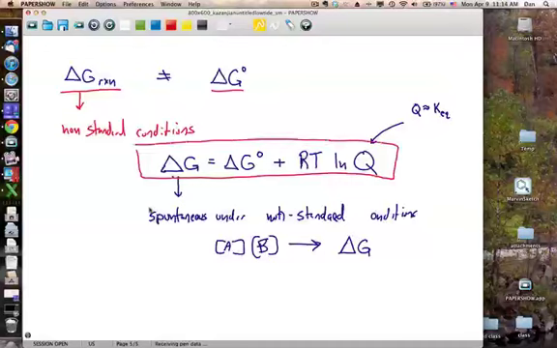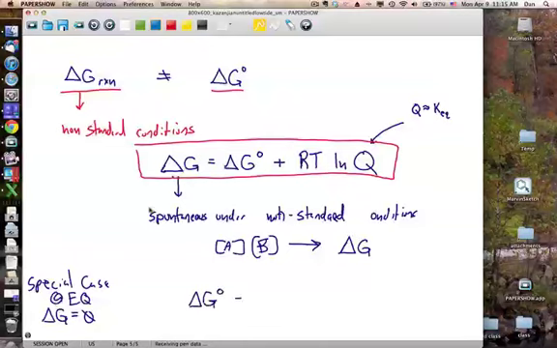Additionally, we can also rely on the special case. That is, at equilibrium, delta G of a reaction is equal to 0. Delta G is equal to 0, not delta G naught. So what that means is delta G naught is equal to negative RT ln KEQ, allowing us, if we know the equilibrium constant, to calculate the delta G of the reaction, or vice versa.